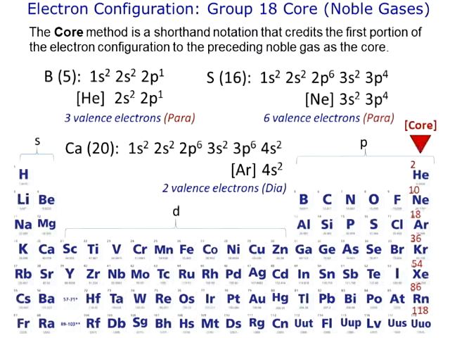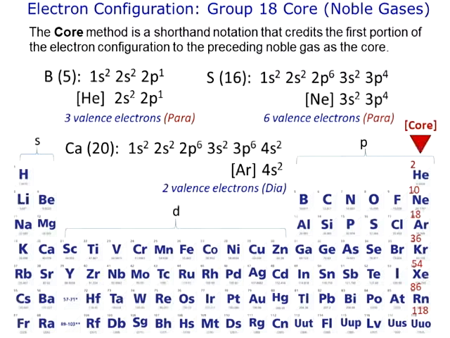In the case of sulfur, we note that the highest n value is 3, and we have 6 electrons there. We know that a complete p orbital would contain 6 electrons, so it's paramagnetic, but the total for the valence electrons is 6 for sulfur.